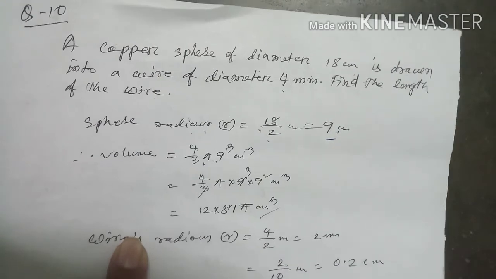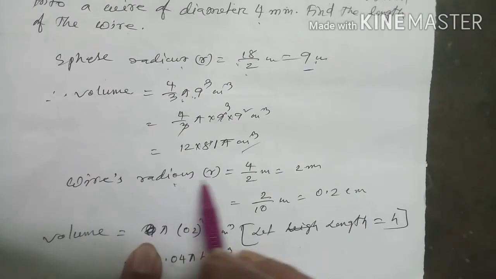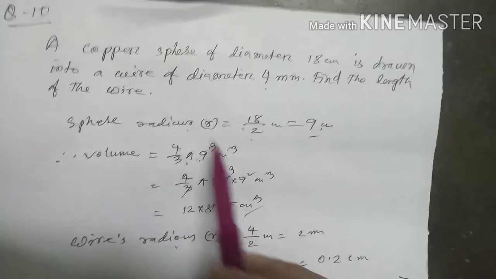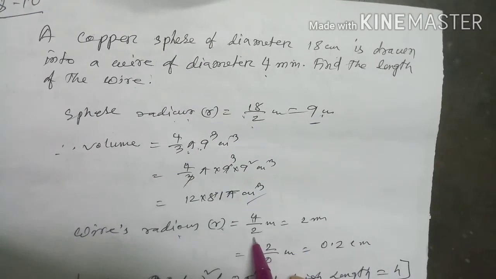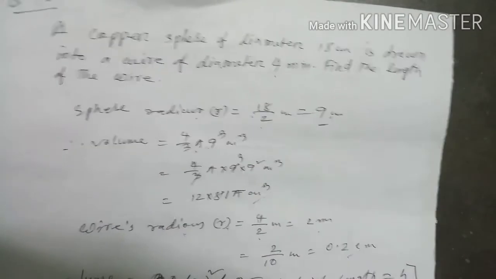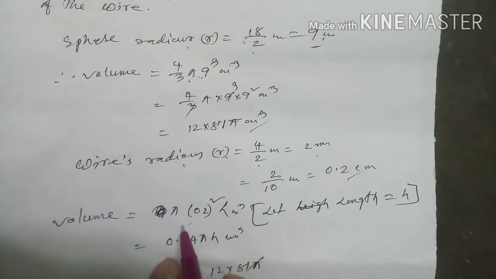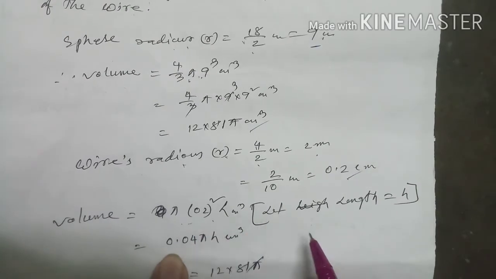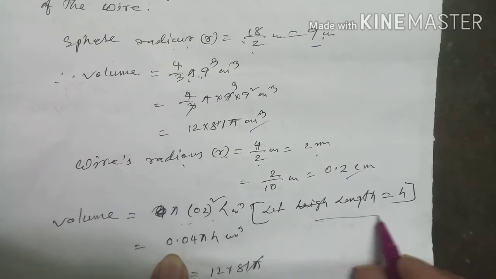Volume of the sphere. Radius of the wire equal to 4 by 2 equal to 2. That means the volume of the wire will be pi r square s. That means this is similar to a cylinder.